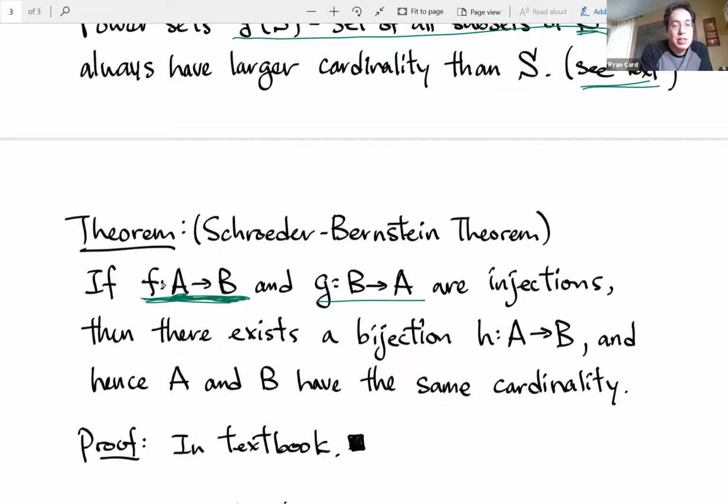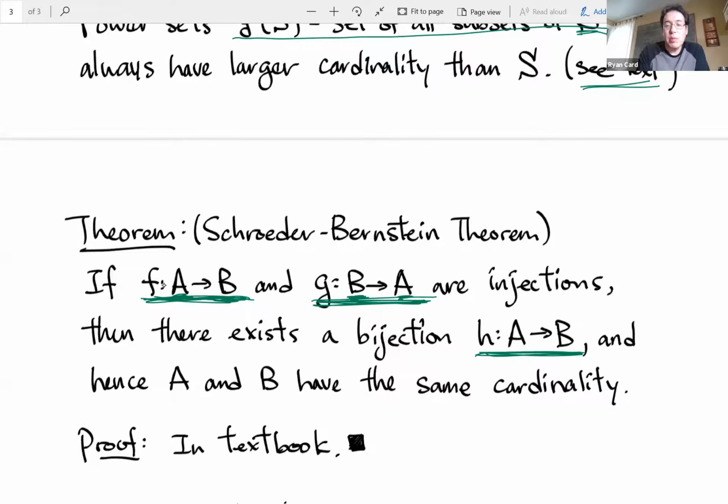If you can find an injection in one way, and you can find another injection going the other way, so every element in B maps to distinct elements of A, but not necessarily a surjection, then there is a bijection that hits everything. That's an injection as well as a surjection at the same time. There's a construction to do that. So that is a tool you can use.